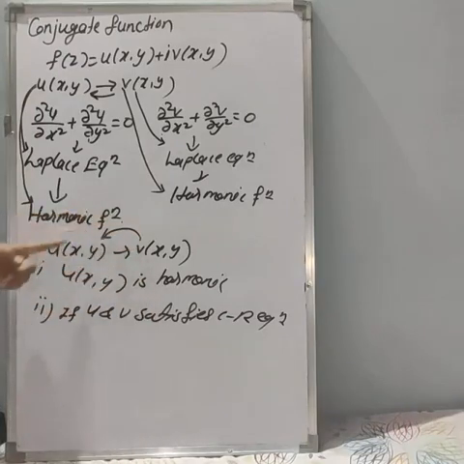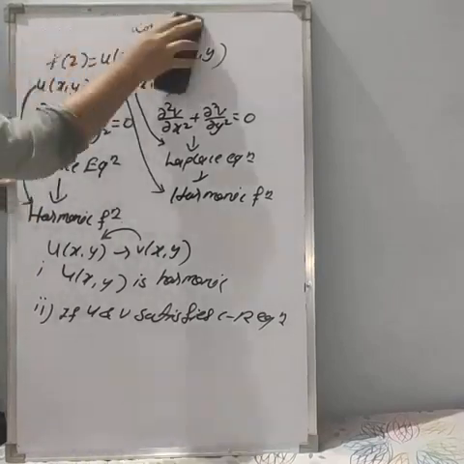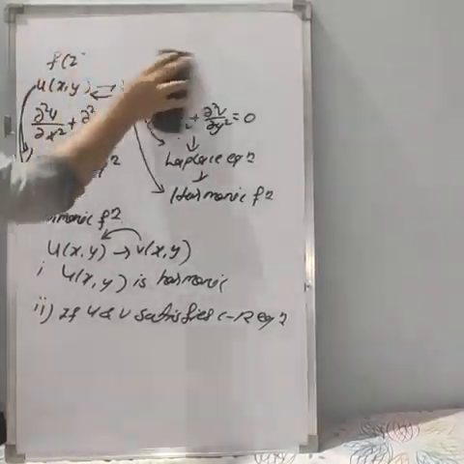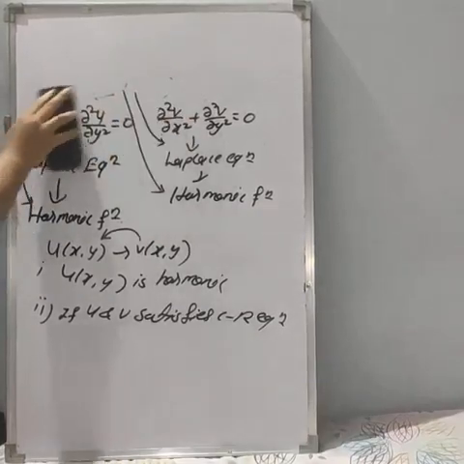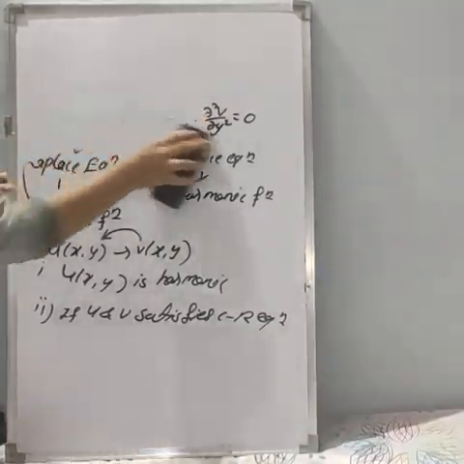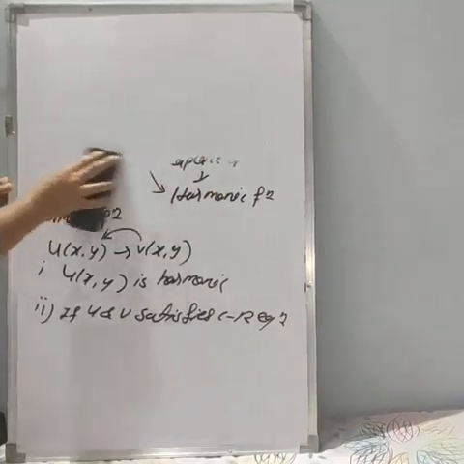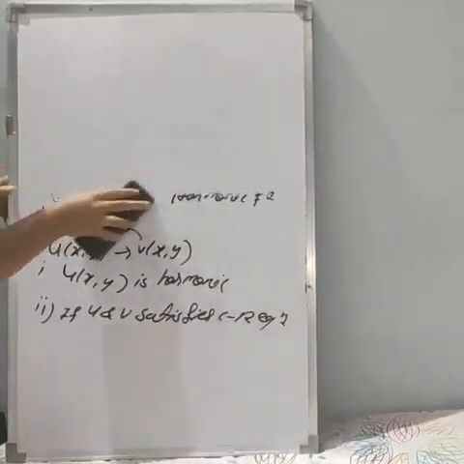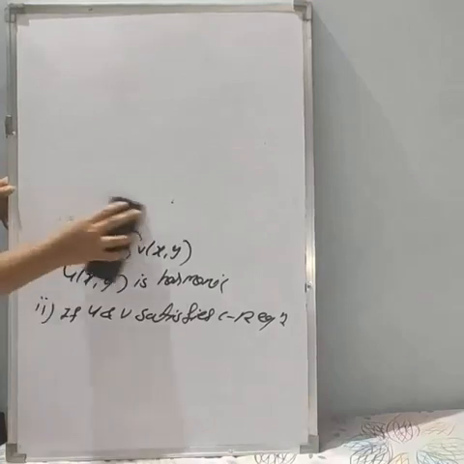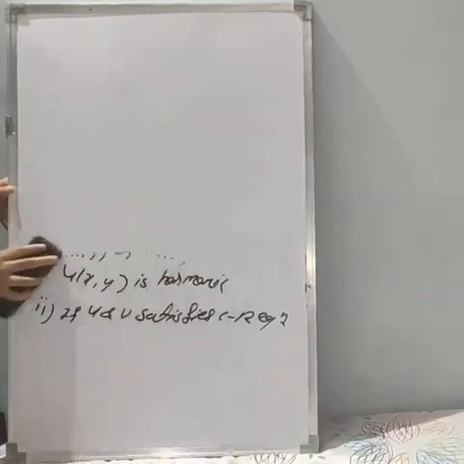Similarly, v is said to be harmonic conjugate of u if v is a harmonic function and it satisfies the second condition again. So these are the definitions: first the conjugate function, then the Laplace equation, when we say u or v is a harmonic function, and last, harmonic conjugate, when we say u is the harmonic conjugate of v and v is the harmonic conjugate of u.